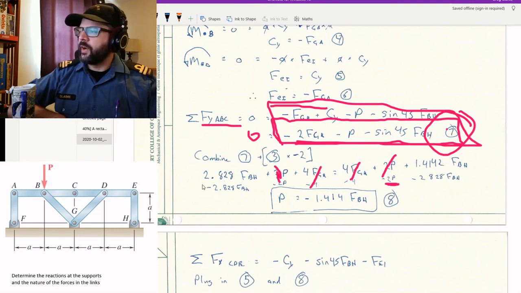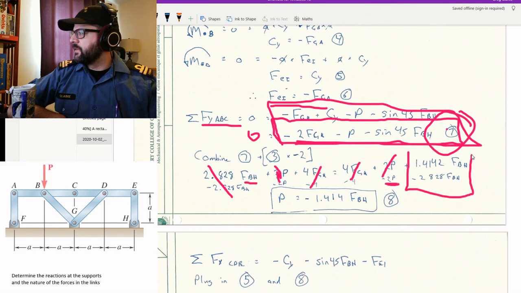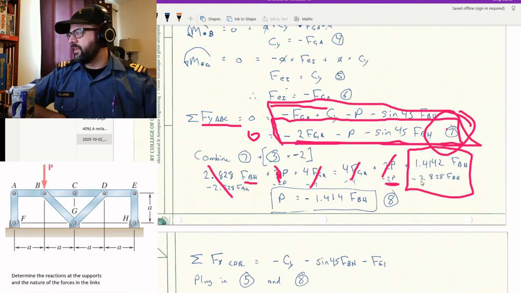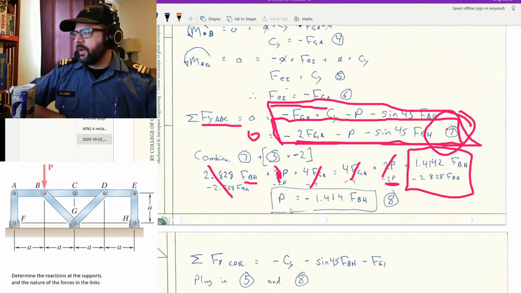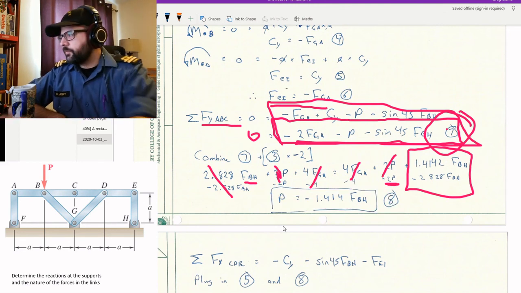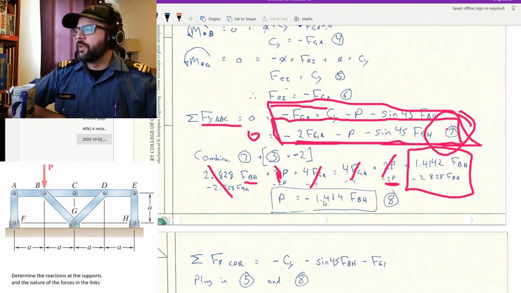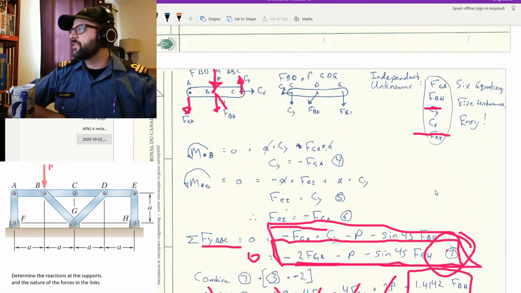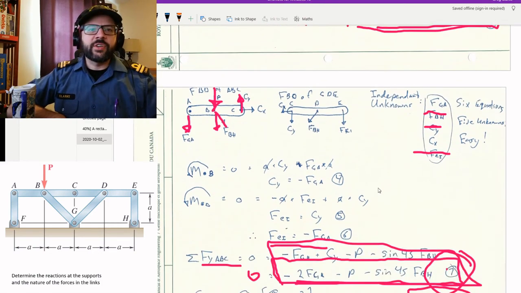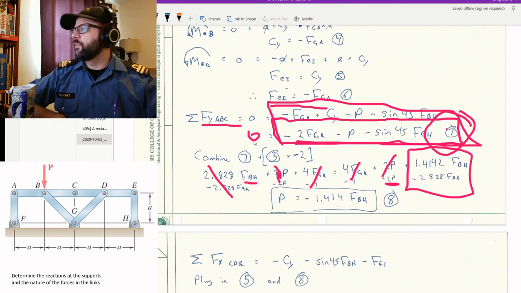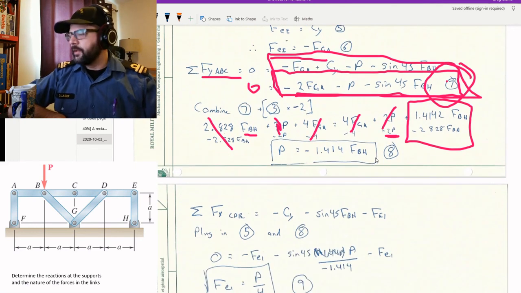And then if we subtract 2.828 FBH from each side of the equation, it goes away on this side, and on this side we've got 1.4142 FBH minus the 2 and so on. That just gives us P is equal to negative 1.414 FBH. All right, so we solved for FBH in terms of P. I guess I should have actually written that down explicitly.